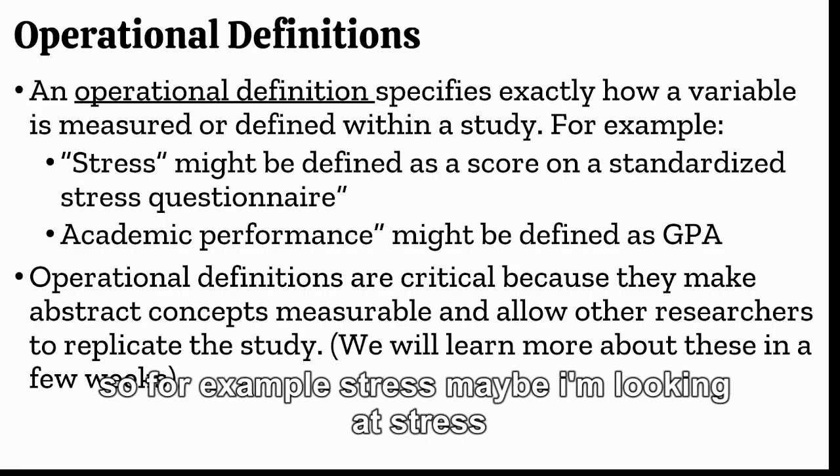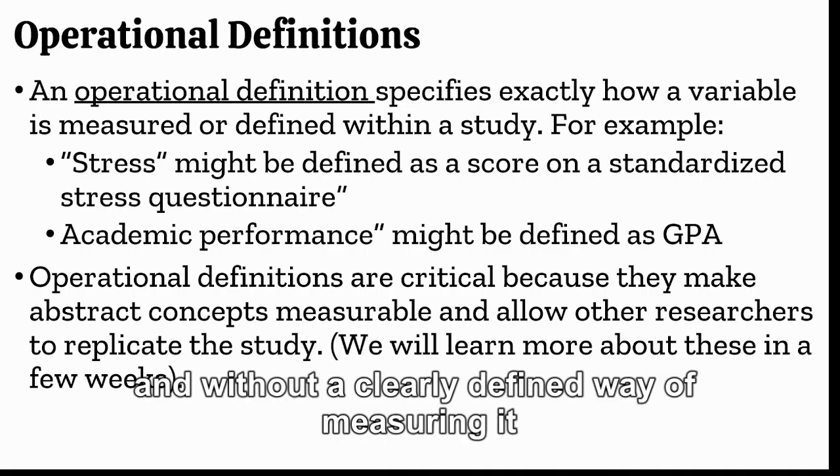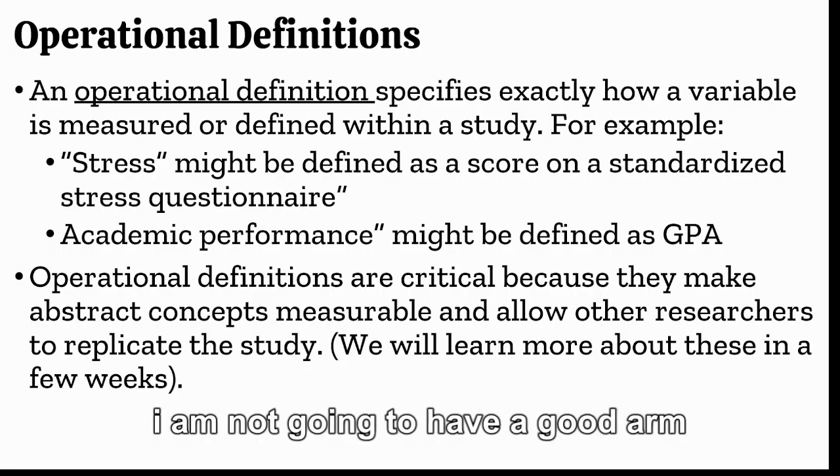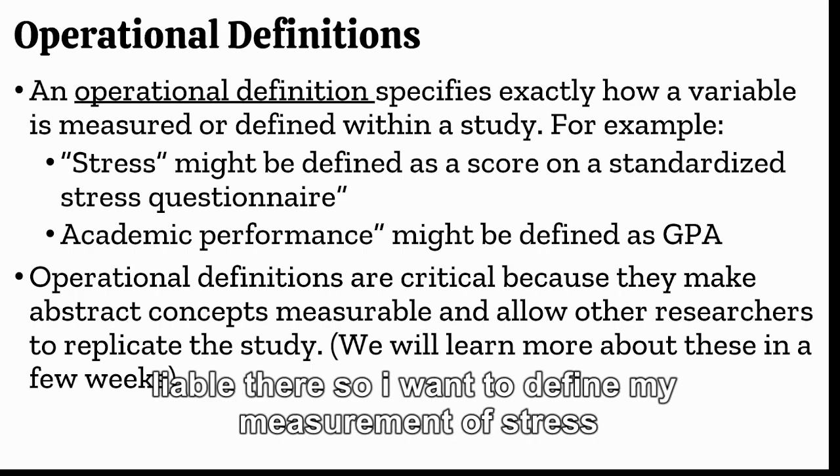So for example, stress. Maybe I'm looking at stress as a variable. Stress in and of itself is a concept, and without a clearly defined way of measuring it, I am not going to have a good research study. It's not going to be very reliable there.